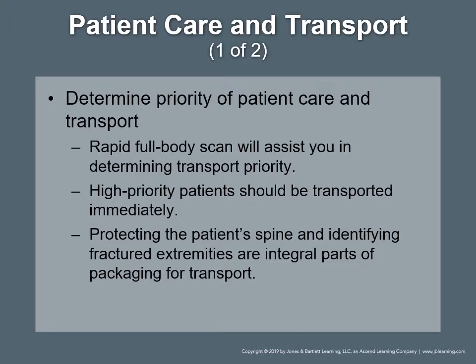But if somebody has a traumatic injury and needs spinal immobilization, or spinal restriction precautions as we call them, we take the time to properly package them so that we don't aggravate or injure someone's spinal cord more.